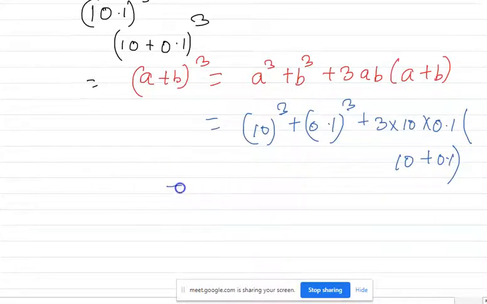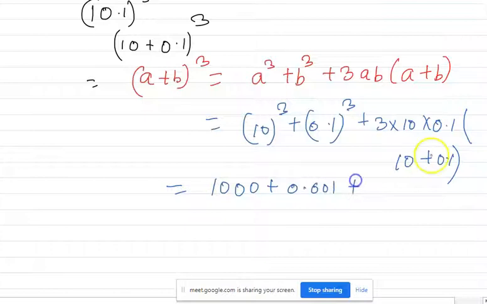So 10 cube means what? 1000. Plus 0.1 cube, if you multiply, it will come 0.001. Are you getting? 3 tens are 30, that means 30.3 with 0.1. And 10 plus 0.1 is how much? 10.1.